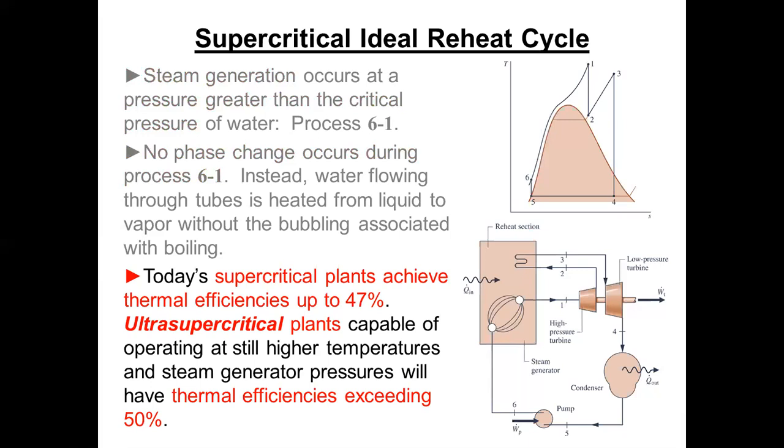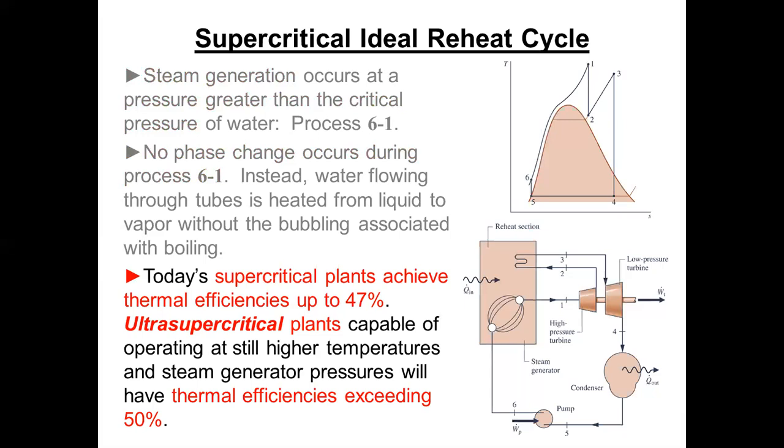Critical pressure is something like 3206, 3209. I think it's 3206, but you can check that on me. But it's a little over 3,200 pounds. And so at 4,000, 4,500, you're obviously way above the critical pressure. And so that's going to help.